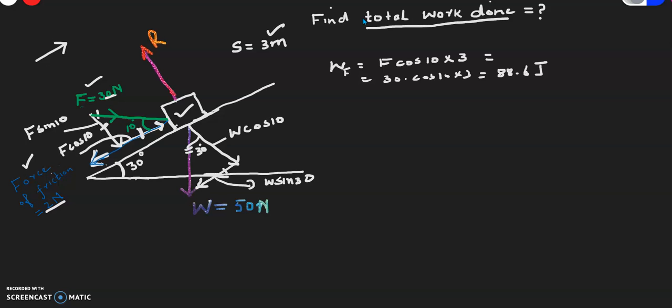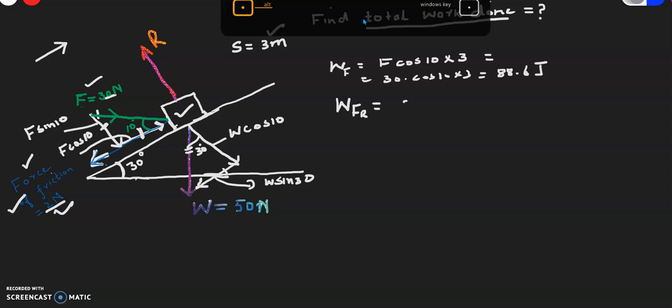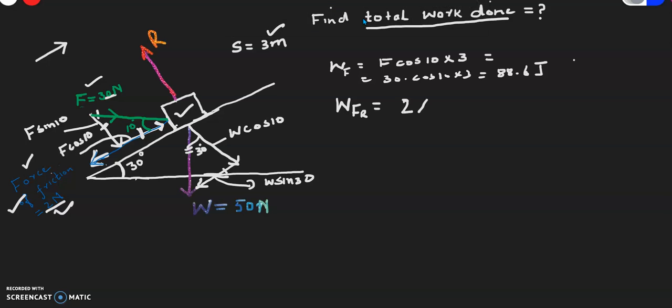Next, we need to find out the work done by this force of friction. So let's take the notation W of F R, denoting the work done by the force of friction. Again, it is equal to the force of friction, that is 2 Newton, multiplied by displacement, that is 3, and it will become 6 joules.